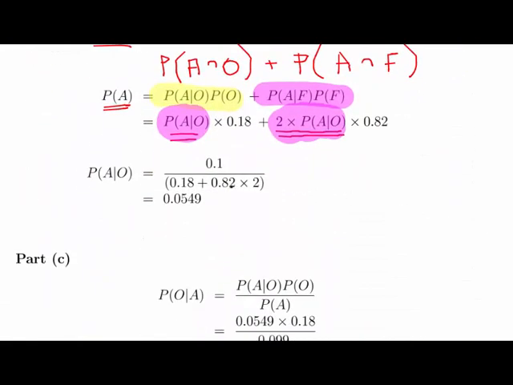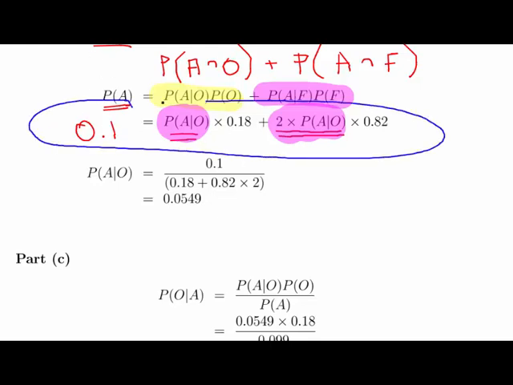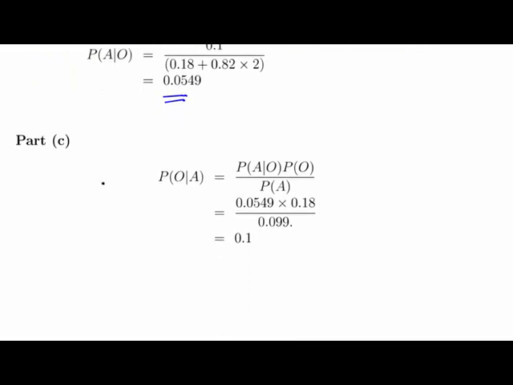Okay, so essentially what we're going to do here is just rearrange this expression. We know the probability of A is 0.1. So we have a single expression here with one unknown. That means we should be able to solve it fairly quickly, and we should get 0.0549. The last question is to find the probability of O given A.